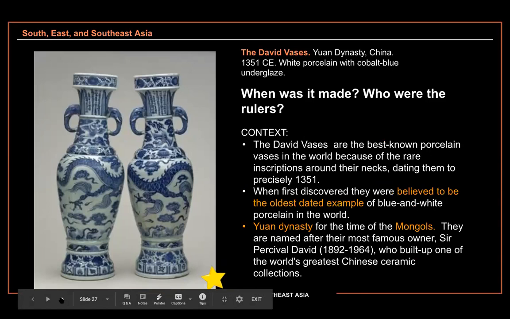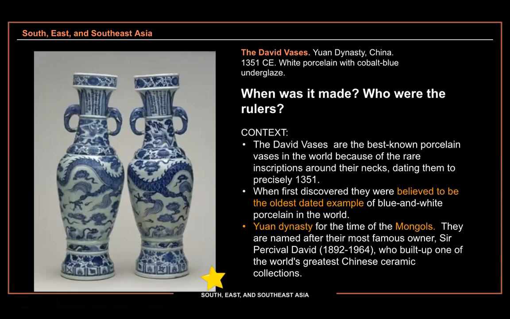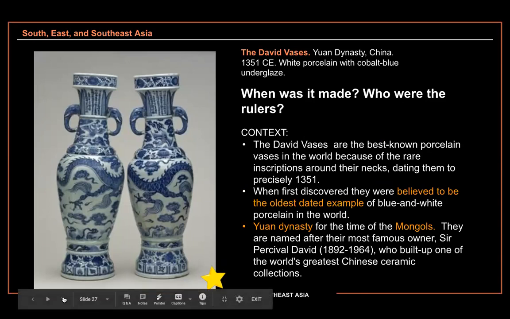It has an inscription on it that dates it to 1351, so we know exactly when it was made. And it's one of the oldest examples of blue and white pottery that we have. And keep in mind, once again, that this is from the Yuan dynasty, which is the Mongols. They operated a large territory.